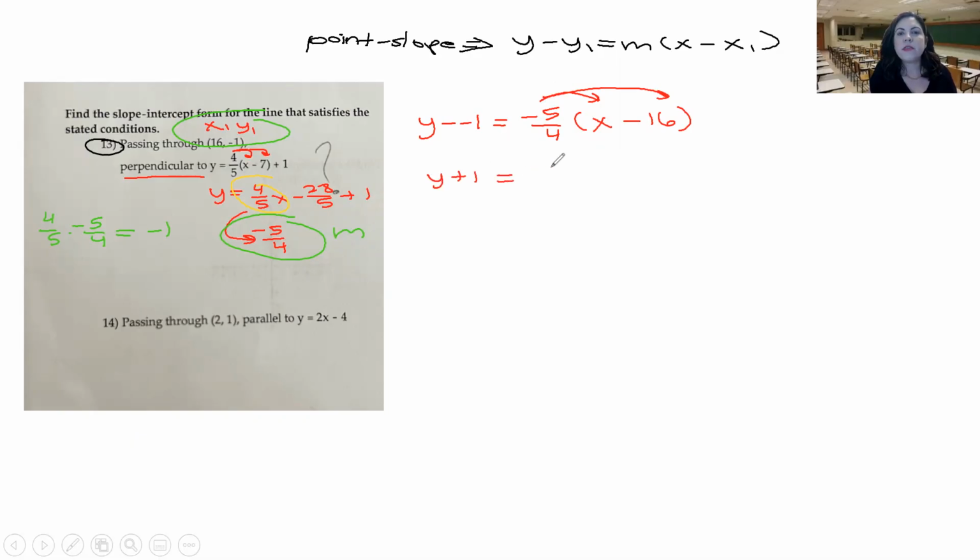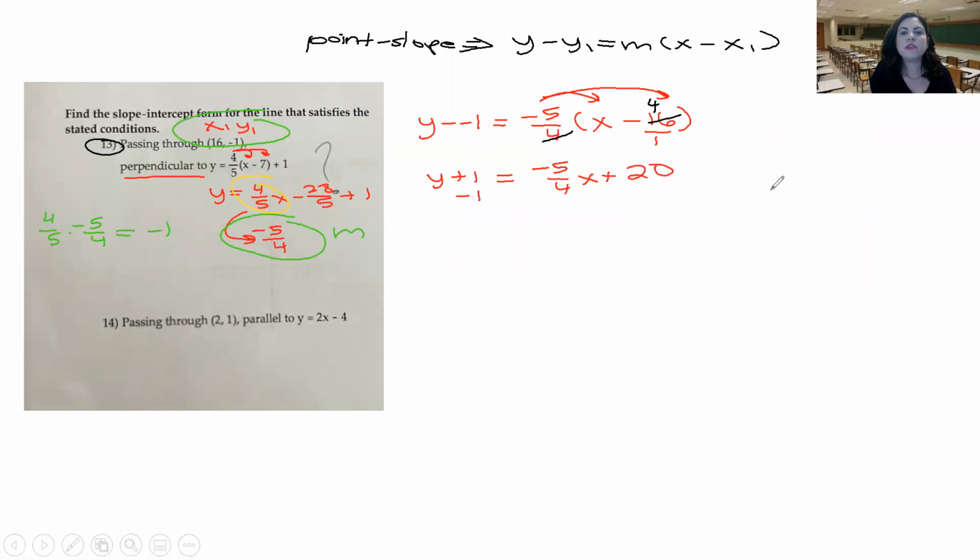And then the negative 5/4 times x is negative 5/4 x. Negative 5/4 times negative 16. Let's see, the negative times the negative is a positive, and I can simplify this. 4 cancels out here. And so this will give me positive 20.